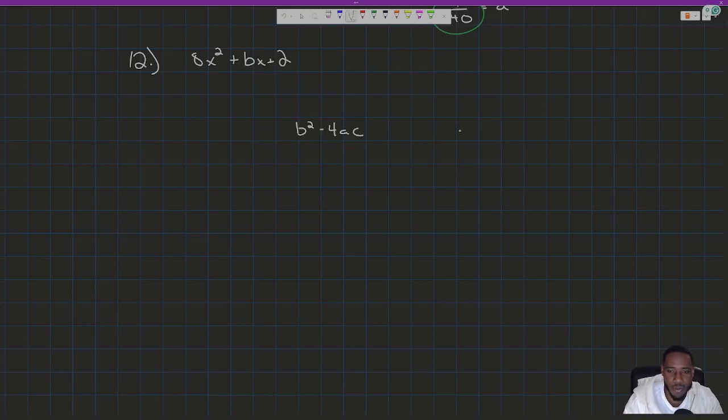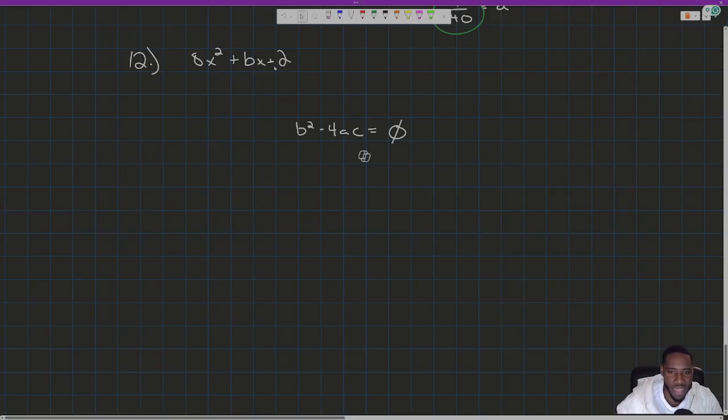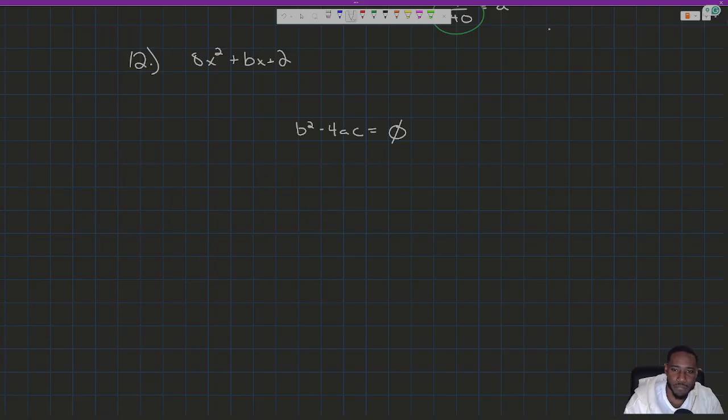We're going to set it equal to 0. And I'm going to plug in the a and the c that we were given, which are 8 and 2. So b squared minus 4 times a times c. Our a value is 8, and our c value is 2.